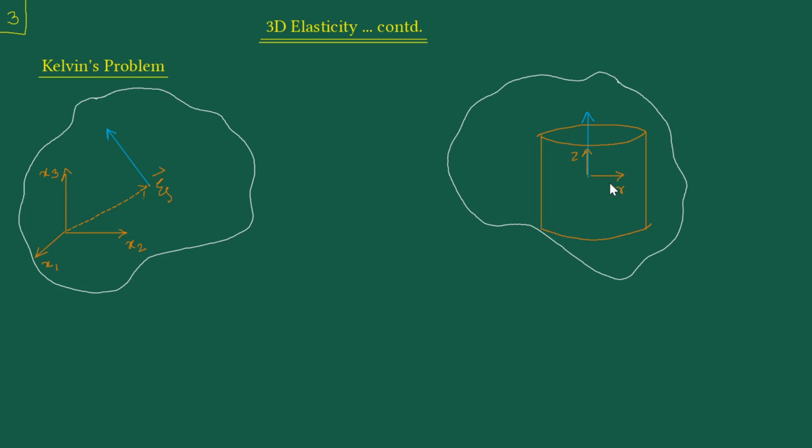This RZ plane you can construct at any theta. As I had drawn earlier, you consider any theta angle, you can have an RZ plane there. No matter which RZ plane you consider, it's going to be the same, because of this nice cylindrical symmetry or axisymmetry around this longitudinal axis.